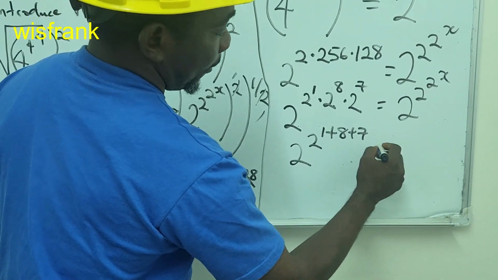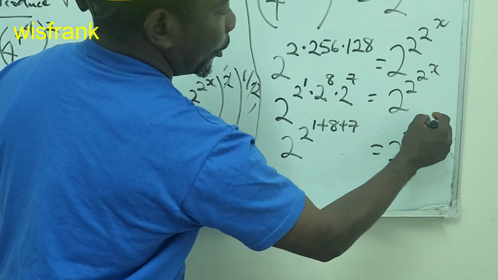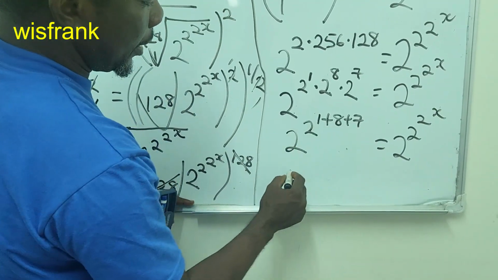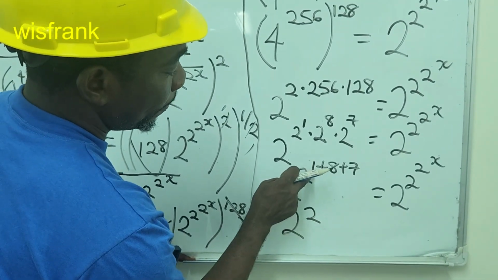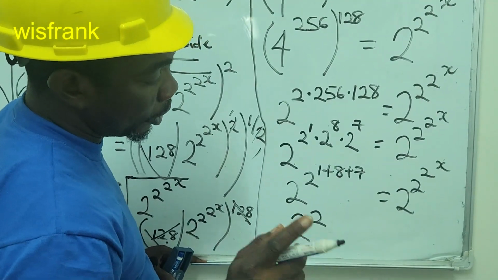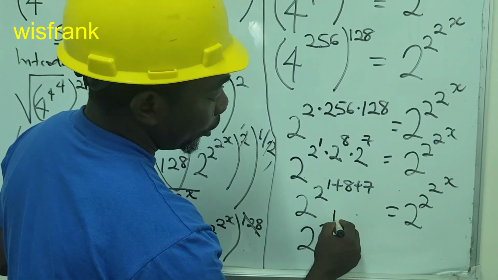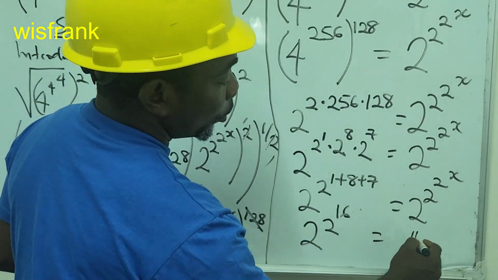So we have here 2, we bring this one down, 2 raised to the power of 2 raised to the power of x. So here is the same thing as 2 raised to the power of 2. We have 1 plus 8 is 9, and 9 plus 7 is 16. We have raised to the power of 16 equals to, when we bring this one down.